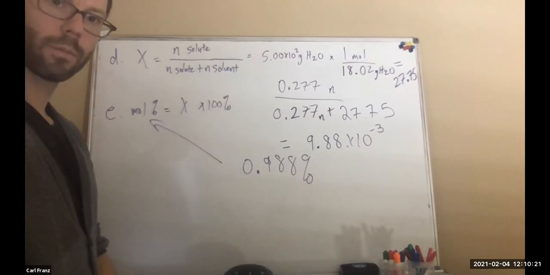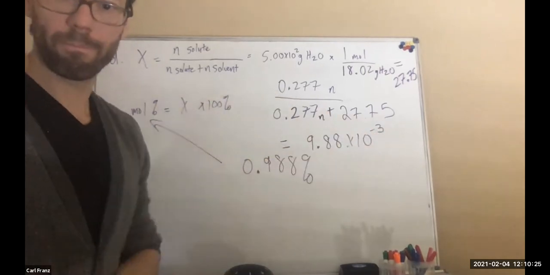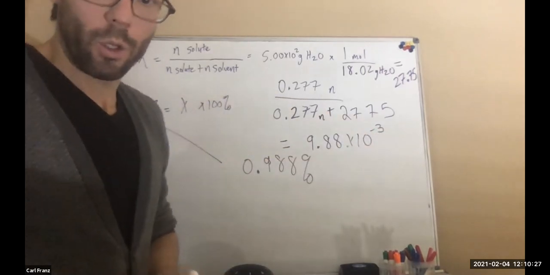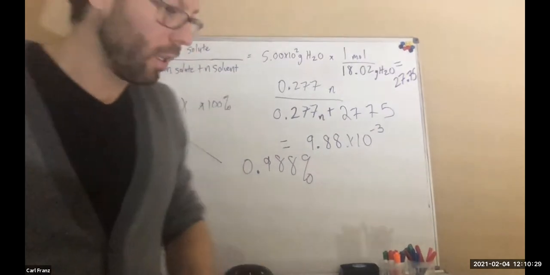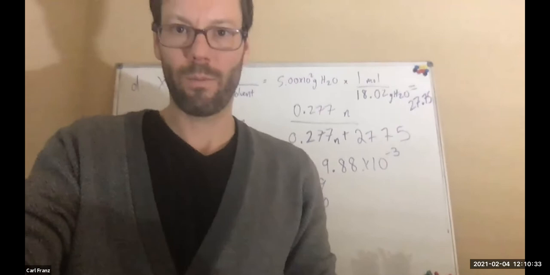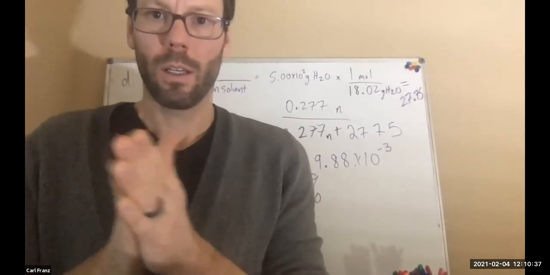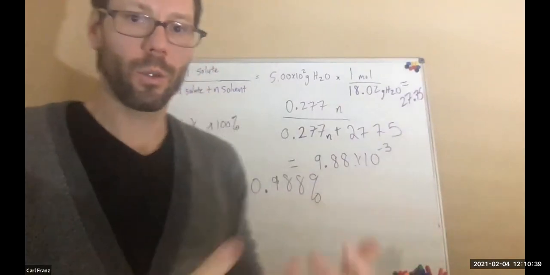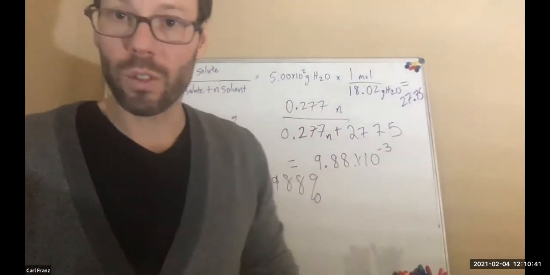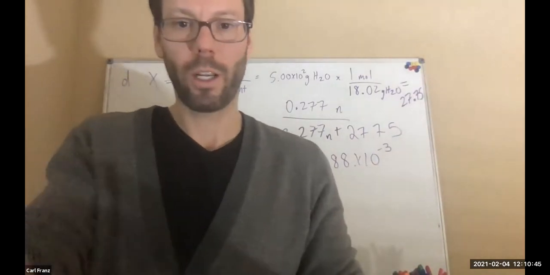Okay. So we just took this number times 100%. So all different ways to express the same relationship, right? We were given the same information to do all 5 of those different representations of that information. Pretty cool.